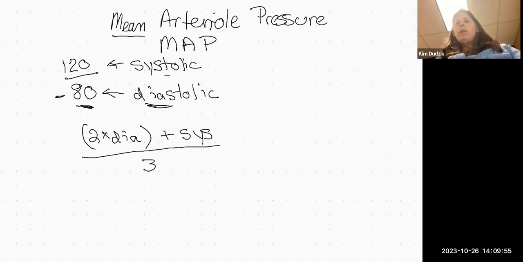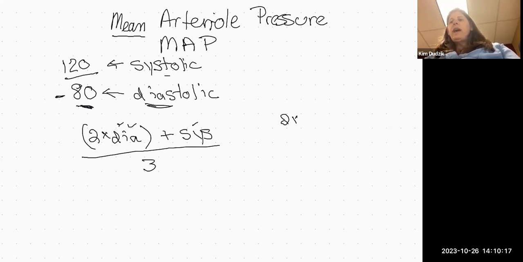Well, here I have 3 values. I have 1 systolic, 1 diastolic, and another diastolic, right? So if I plug in my 120 over 80, what that means is I have 2 times 80, because that's my diastolic pressure, plus 120.